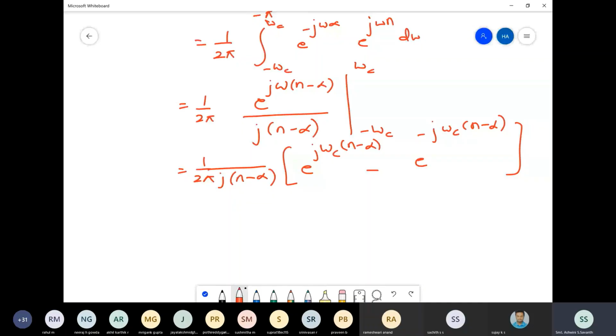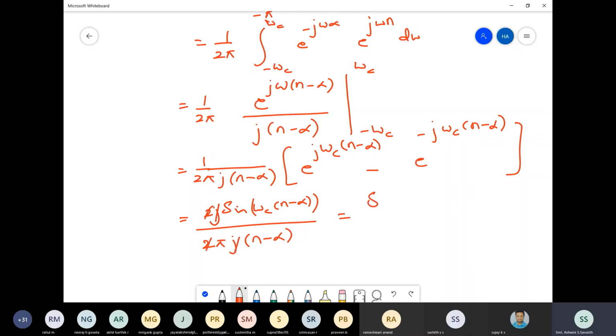Okay, so obviously your numerator can be written in terms of sine. So what will that value be? 2j sine of omega c into n minus alpha, divided by 2 pi j into n minus alpha. So the 2j gets cancelled.